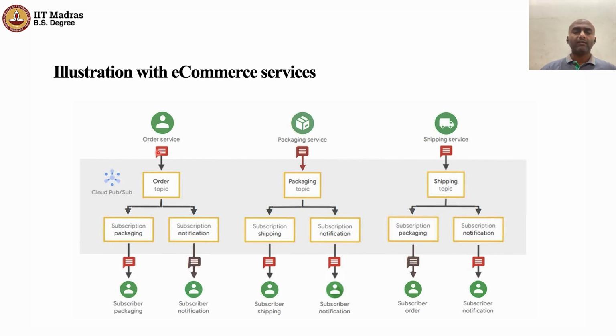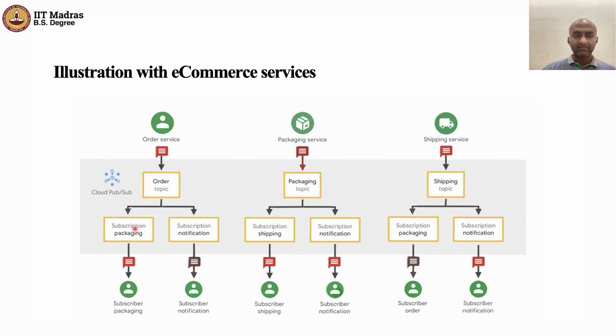So each event is of a certain type. Therefore, you could just group it all together into its own topic. And for every topic, there is actually a subscription that's attached to it. The subscription is based on the need. So the order taking topic, which has a bunch of orders as individual messages, one of the subscribers would be the packaging service, obviously.